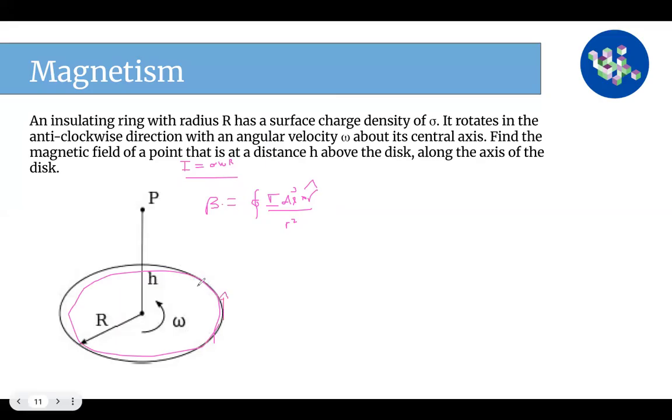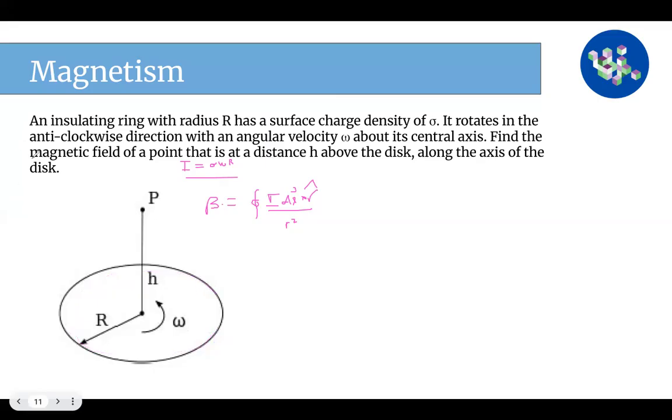My r hat will be pointing towards P. Notice that for dl crossed with r, I can say the magnitude is always dl times r, because dl and r are always perpendicular. Let me draw it a bit better so that you can visualize it.